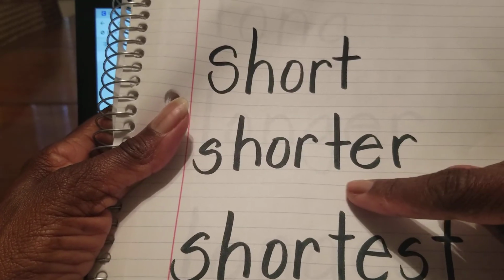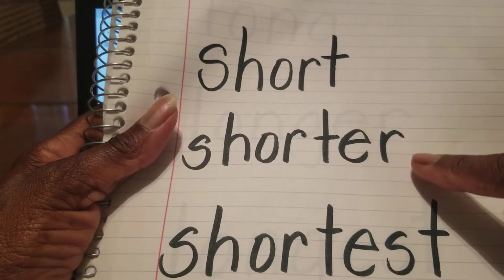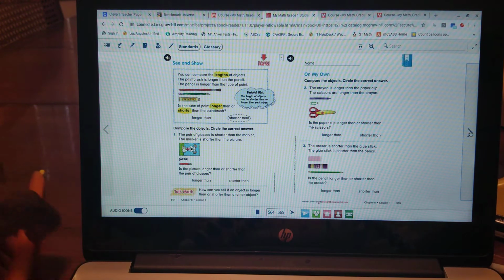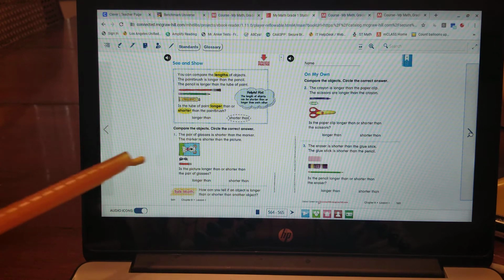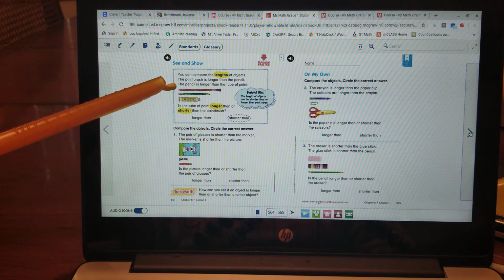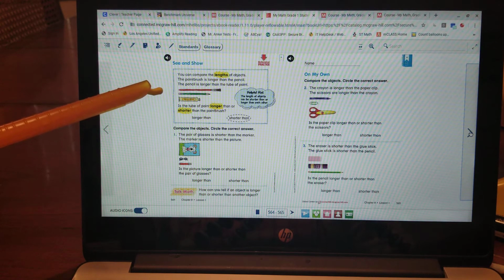Do you notice the ending part changes? It goes from short, shorter, to shortest. So I can say that the tube of paint is short. I can also say the tube of paint is shorter than the pencil, or I can say the tube of paint is the shortest.